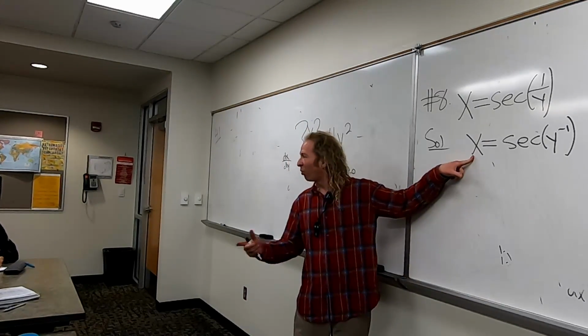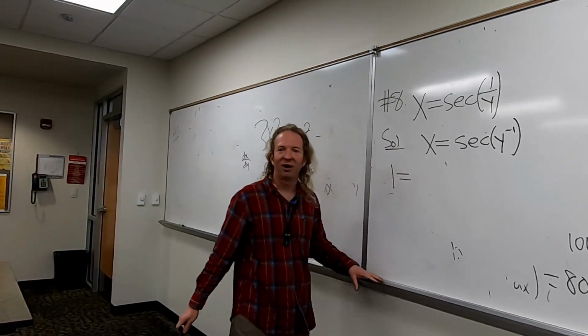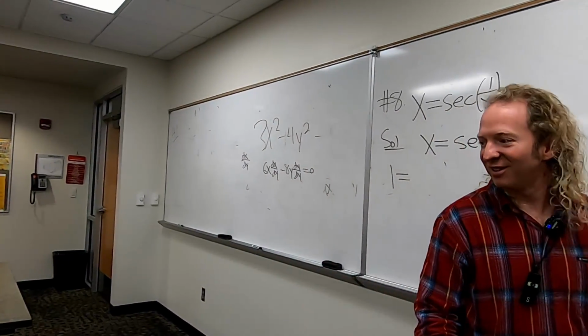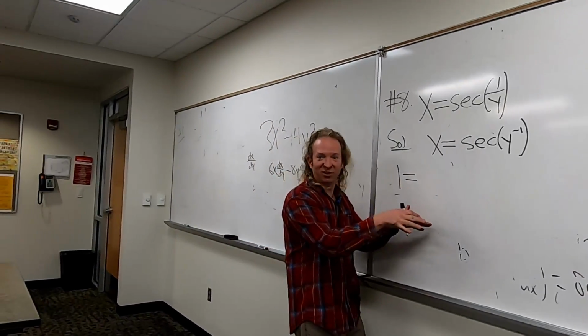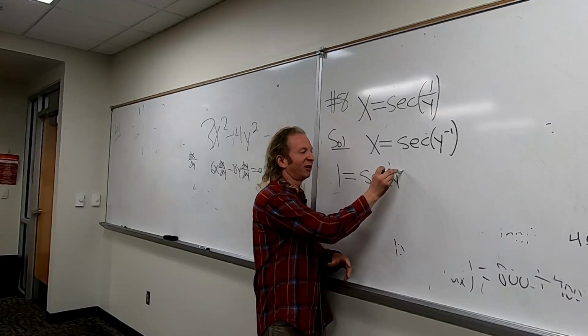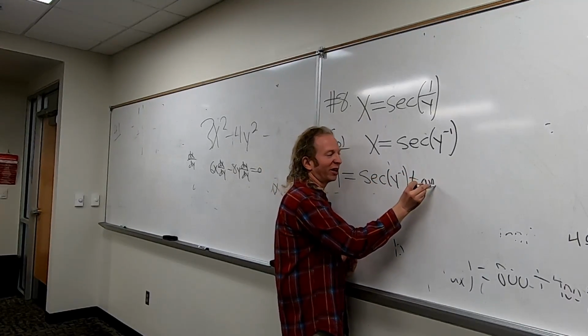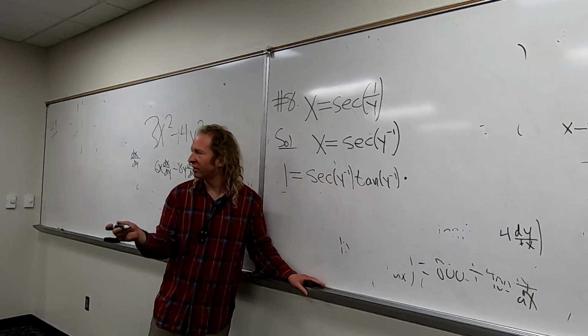So the derivative of x is 1, with respect to x. It's 1. Oh, it's been a while. What's the derivative of secant? Secant tangent. Very good, yes. So the derivative of secant is secant tangent. So here it's secant of y to the negative 1, tangent of y to the negative 1, times the derivative of the inside, right?